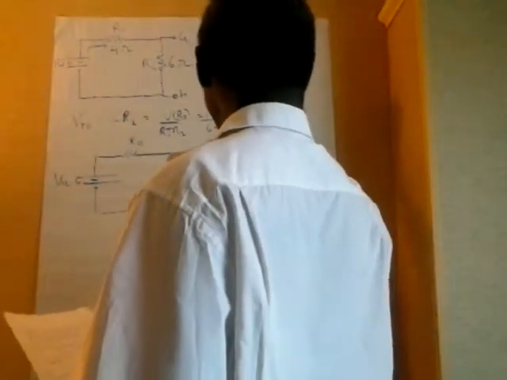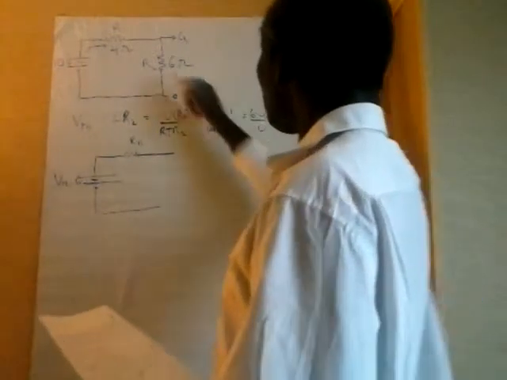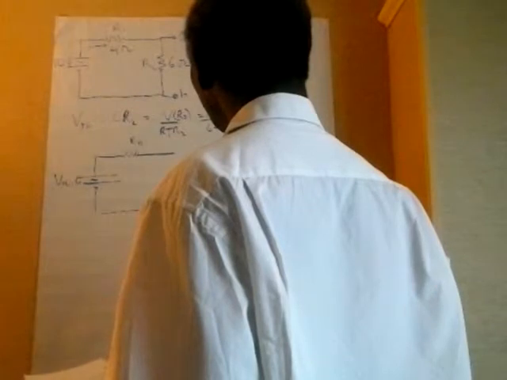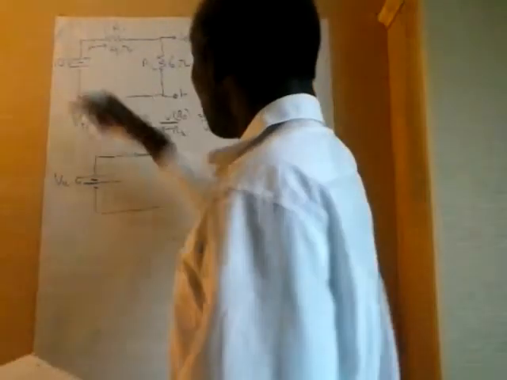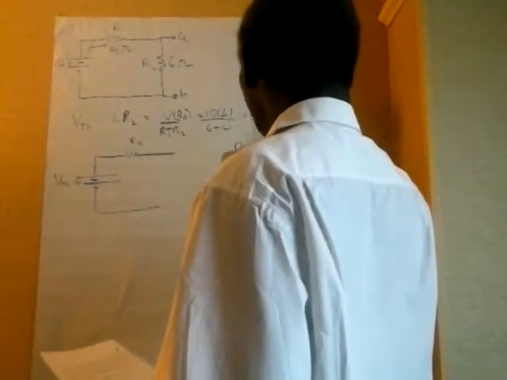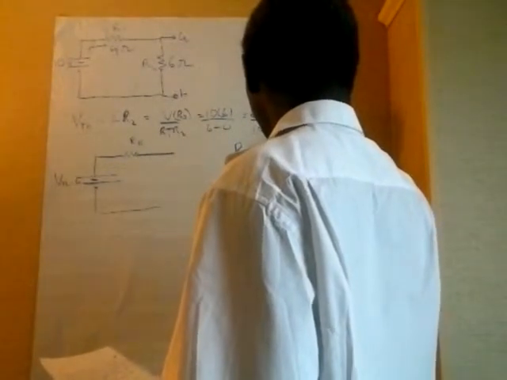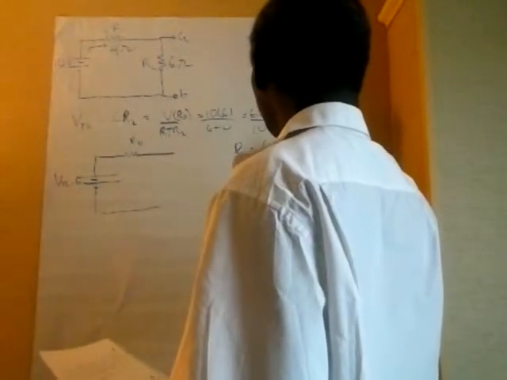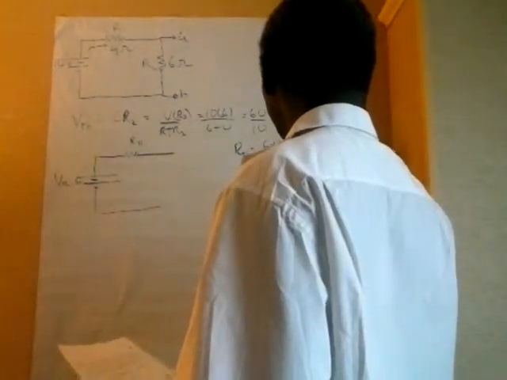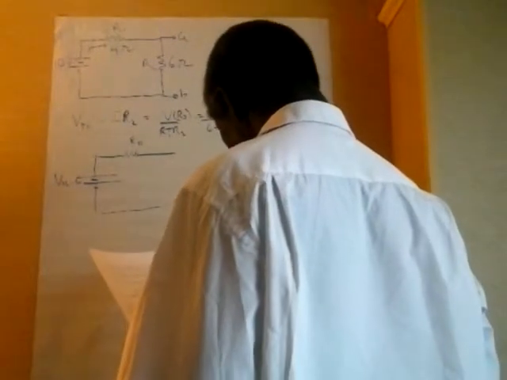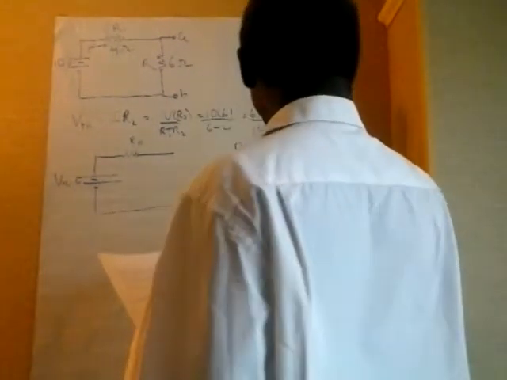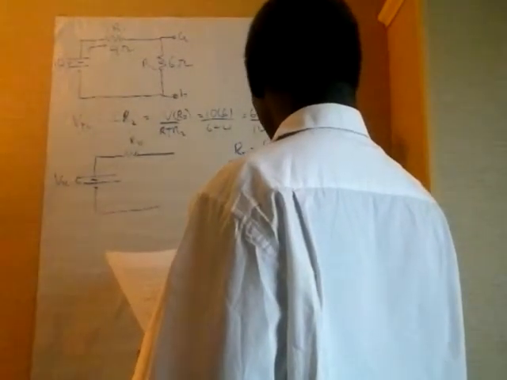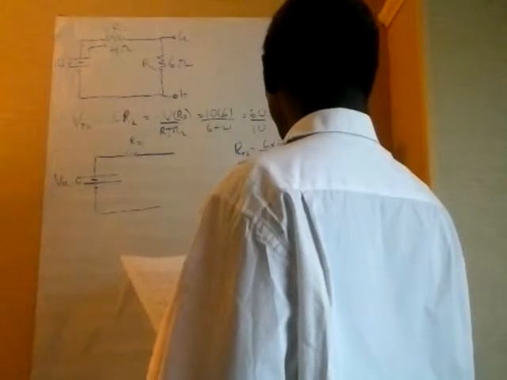So we say R Thevenin is equal to, with the source replaced by a short circuit, 6 multiplied by 4 over 6 plus 4. That's equal to 24 over 10, which is equal to 2.4 ohms.